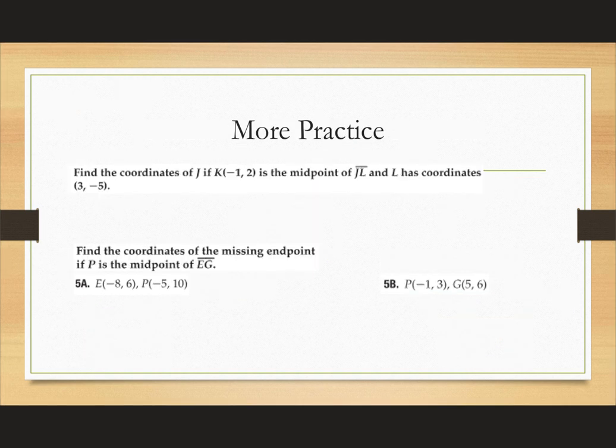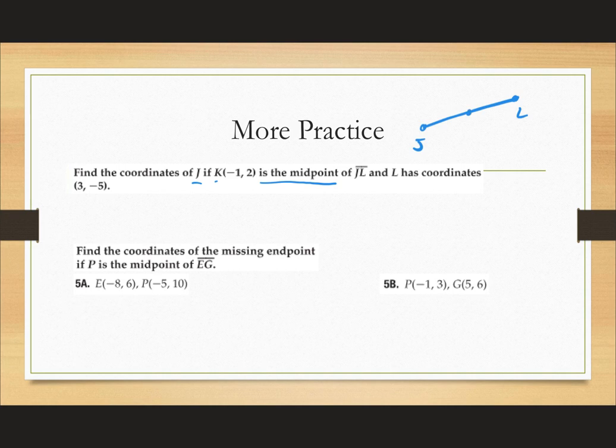All right, now, on the last slide, I mentioned it's sometimes helpful to draw a picture. Here's why and where this becomes really helpful. So we're going to find the coordinate of J if K is the midpoint of JL. So I'm going to draw my line. Again, I'm not really caring if it's in the right quadrant or even going the right direction.